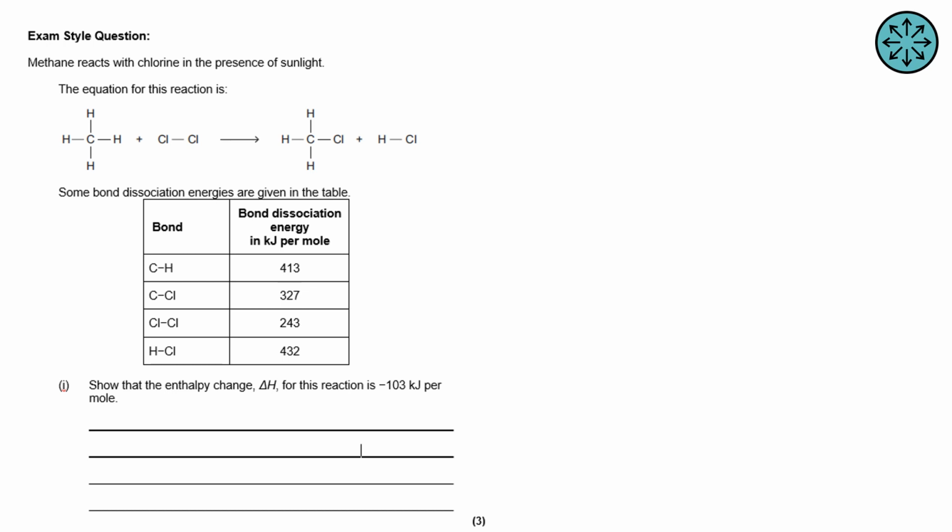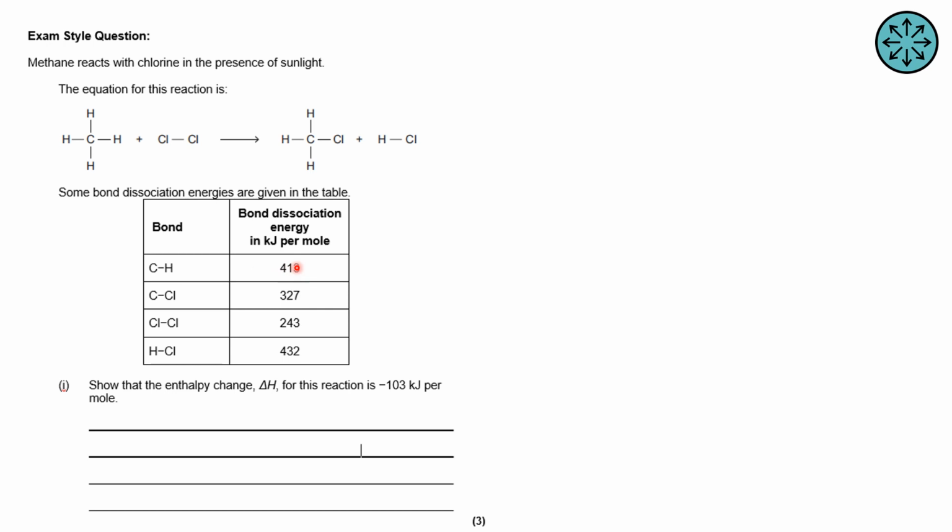Okay, pause the video and have a go at this question for me. Okay, so this is a little bit different because we don't have it written down. We have that displayed formula, but it's exactly the same idea. So let's have a look. So on the reactant side, I've got some carbon to hydrogen bonds, haven't I? Or hydrogen to carbon bonds, which way you want to look at it. And how many have I got? I've got 1, 2, 3, 4 hydrogen to carbon bonds.